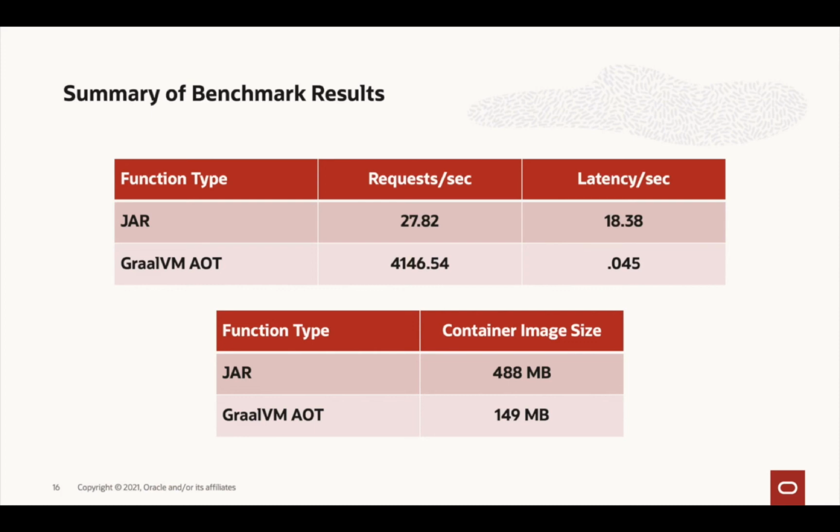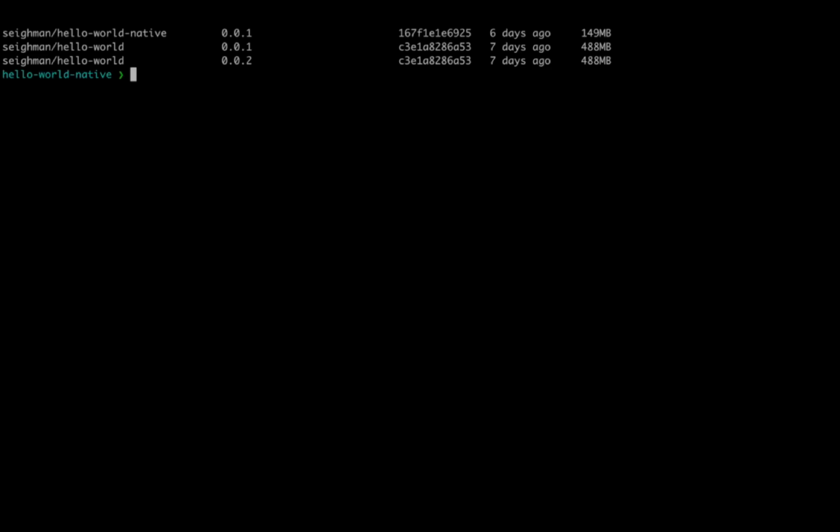Likewise, the latency in the 99th percentile went from 18.38 seconds to 45 milliseconds. And of course, once again, just to review the image size, the jar version of the function was 488 meg, while the GraalVM AOT version is 149 meg. So we're seeing pretty impressive results on all fronts.